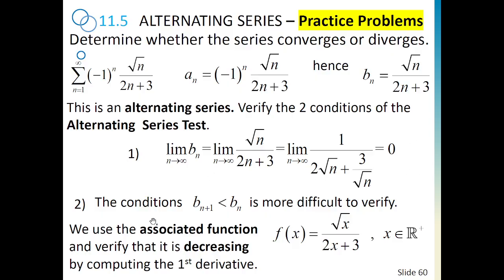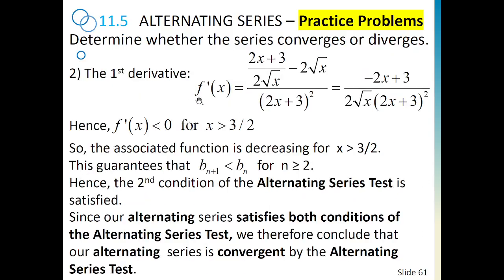So in this situation, we would use the associated function and compute the derivative. If the derivative is negative, that means the function is decreasing, which means that our general term is decreasing, so that will satisfy the second condition. The first derivative in this case is ugly, but what matters is just the sign.